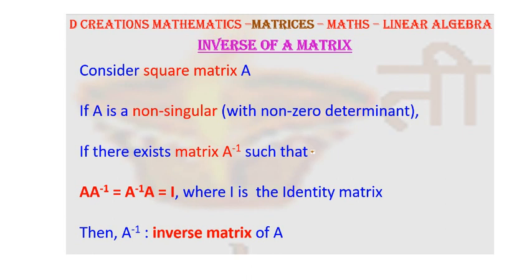For the past few episodes, we have been talking about the broad topic of linear algebra, and in that, our focus has been on matrices. We have done several episodes on matrices. Those of you who need to revise the basic concepts, you can see the previous episodes.